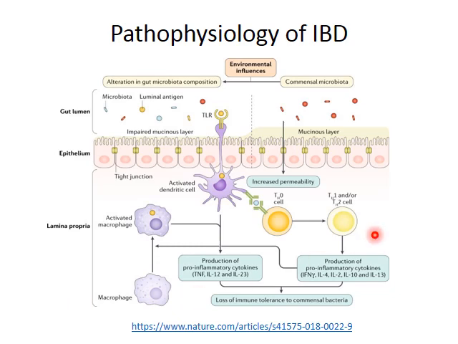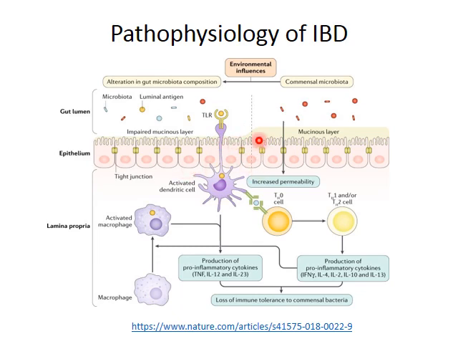Regarding the pathophysiology of inflammatory bowel diseases, due to environmental influence, the composition of the commensal organisms might be altered, and there is an increased permeability of the tight junctions.